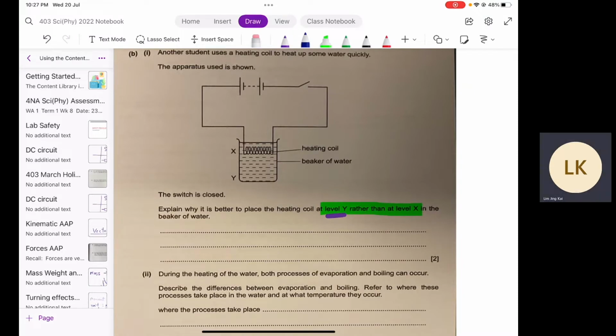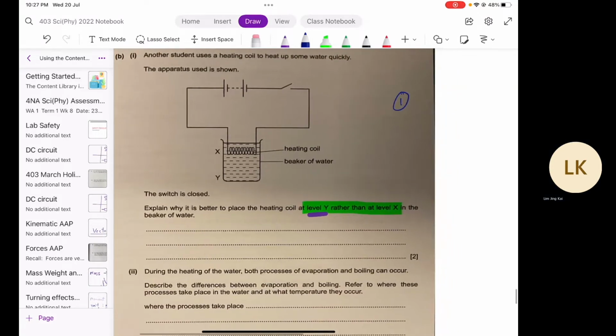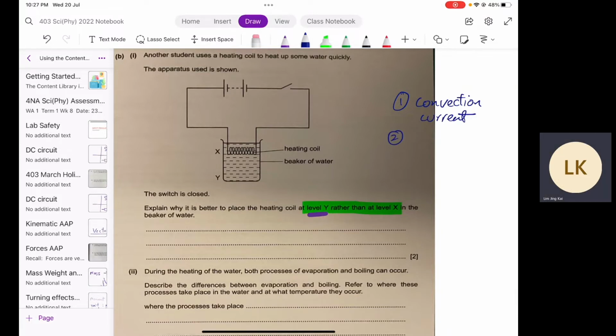In class, I've explained to you that in this particular question, you need to tell the examiner a few things. Number one, about convection current, how it occurs, and how it's set up. And number two, you need to talk about the efficiency of heating.